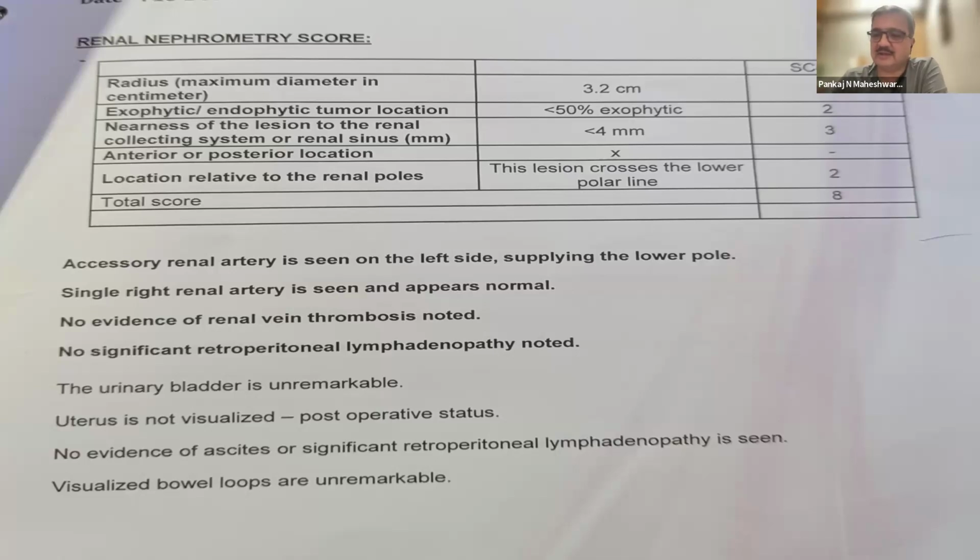So what are the options you would want to give to the patient? We could discuss the option of ablative therapy in the form of cryotherapy or radiofrequency ablation in this patient.